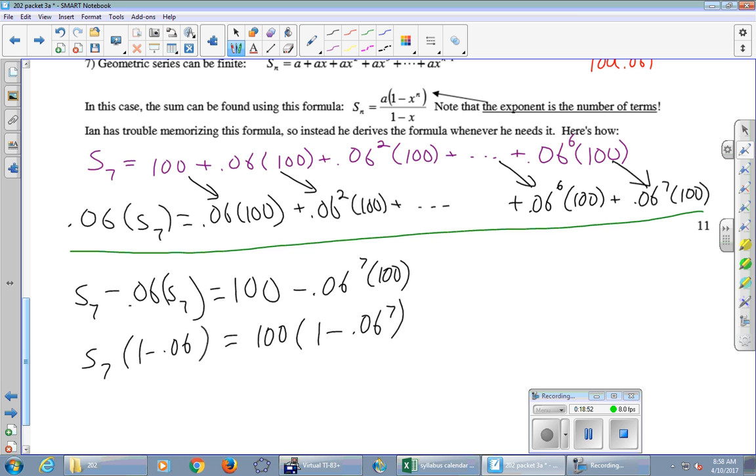Okay, so that's just factoring both sides independently. And then again, the goal was to solve for S sub 7, so here we go: 100 times 1 minus 0.06 to the 7th divided by 1 minus 0.06.